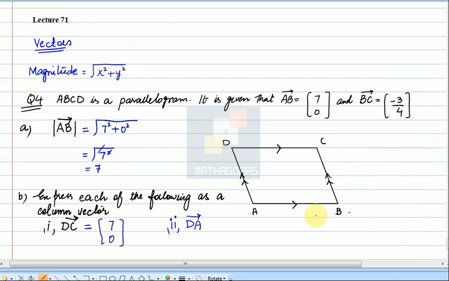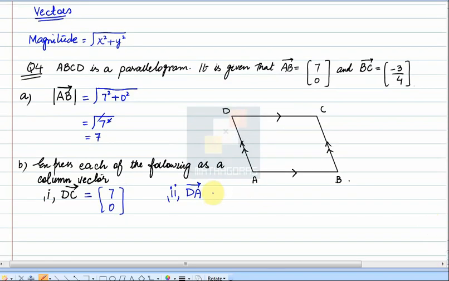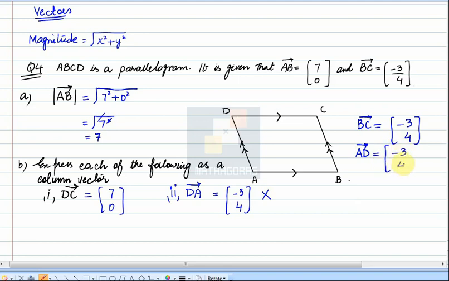So if your answer of DA is -3 and 4, then it is wrong. Why is it wrong? Now listen carefully. If I say B to C, it's -3 and 4. The arrow indicates that it starts from B and ends at C. Similarly, if I say A to D, starting from A and ending at D, it should be equal to BC, so it's -3 and 4.